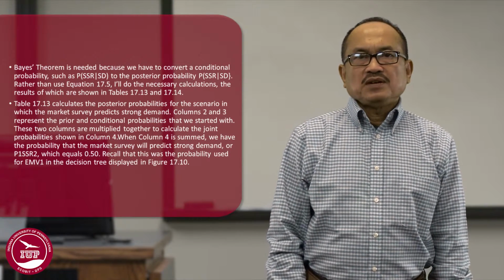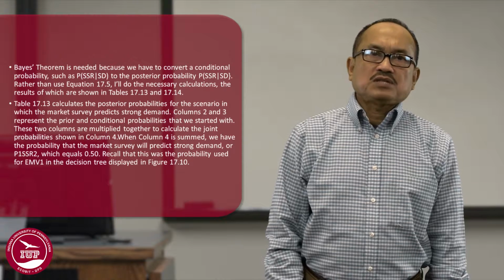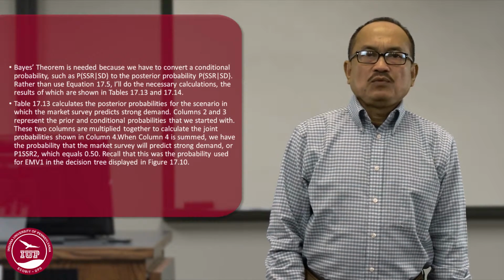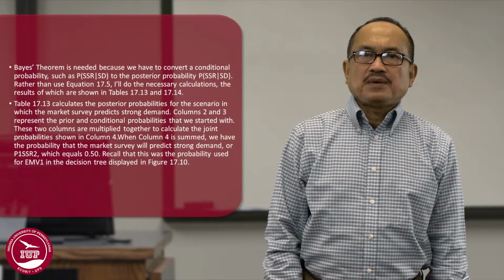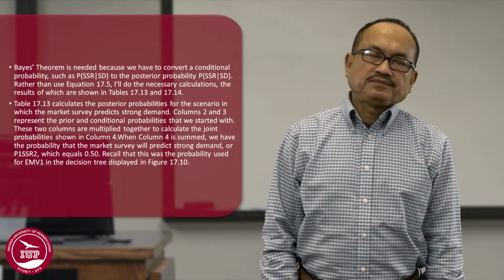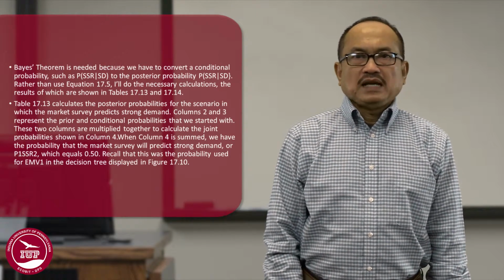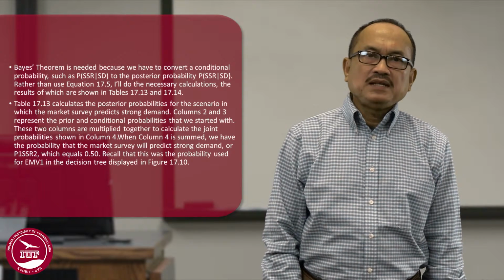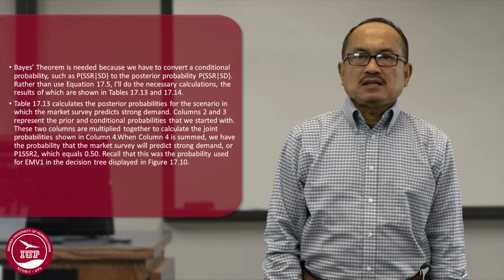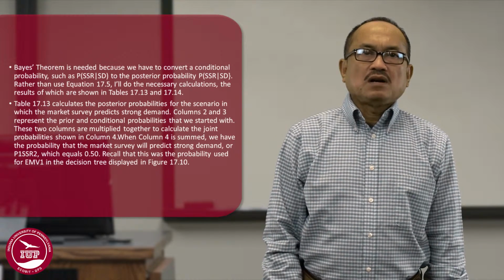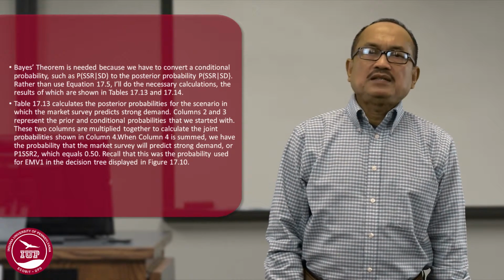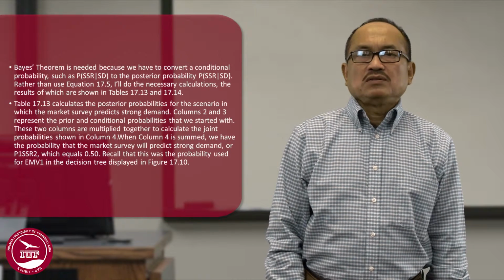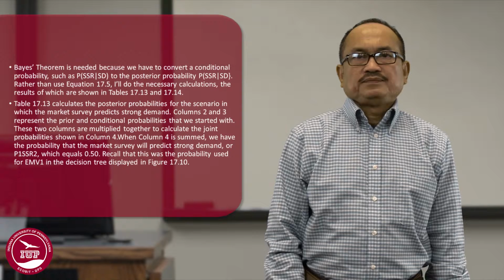Table 17.13 calculates the posterior probabilities for the scenario in which the market survey predicts strong demand. Columns 2 and 3 represent the prior and conditional probabilities that we started with. These two columns are multiplied together to calculate the joint probabilities shown in column 4.